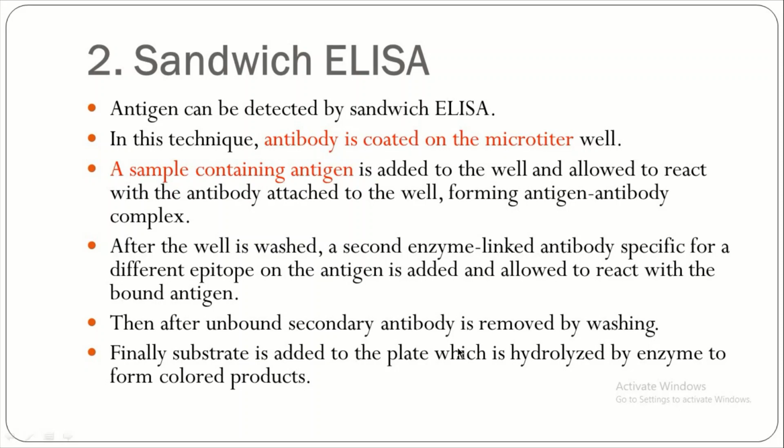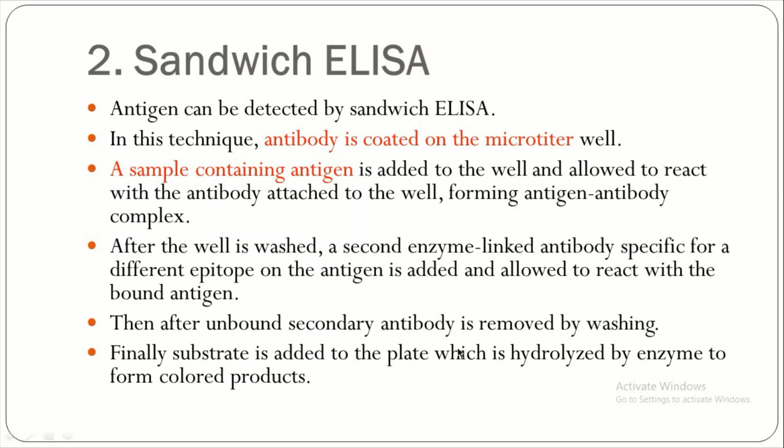Finally, when you add substrate, the enzyme bound to the secondary antibody will react with the substrate and produce color. The color will be detected using a spectrophotometer. So this is the basic setup of sandwich ELISA. So first, antigen can be detected by antigen ELISA.